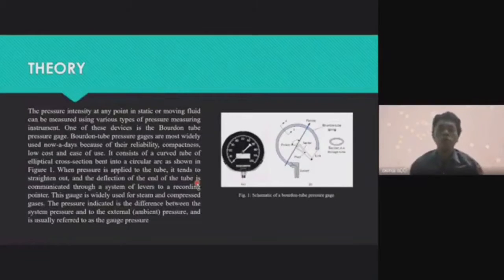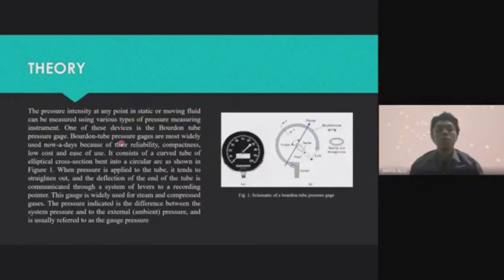Now we move on to theory and then methodology. First, the theory. The pressure intensity at any point in static or moving fluid can be measured using various types of pressure measuring instruments. One of these devices is the Bourdon tube pressure gauge.